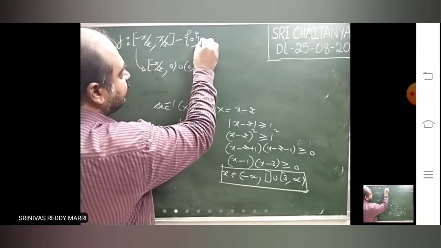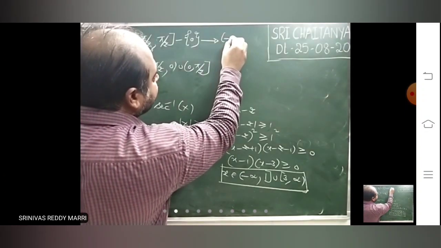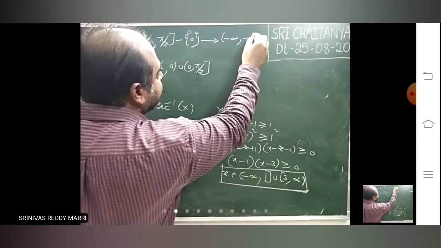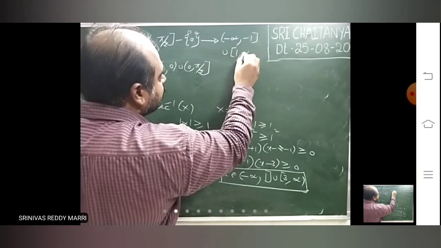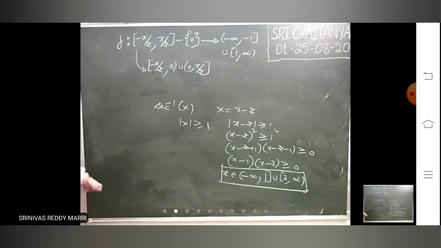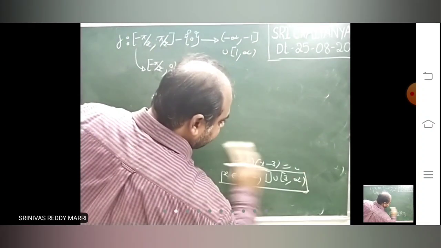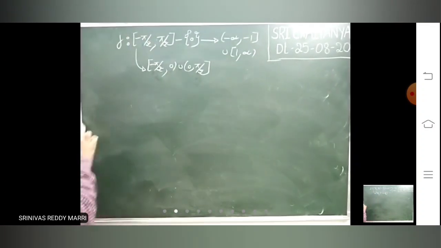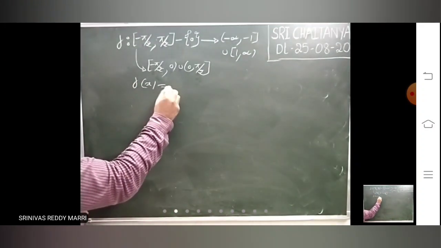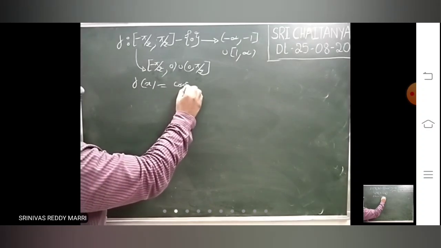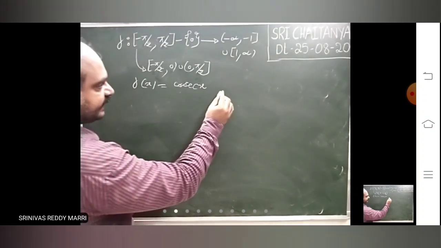So I am defining it like this, with codomain minus infinity comma minus 1 union 1 comma infinity. Suppose I am defining a function cosecant x equal to cosecant x.